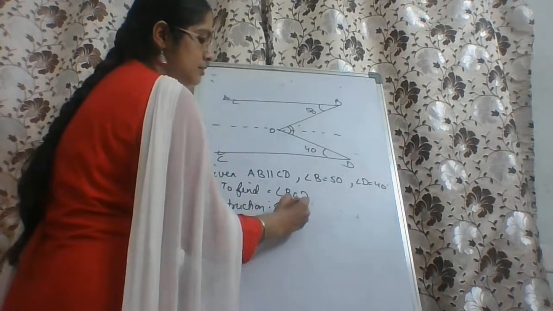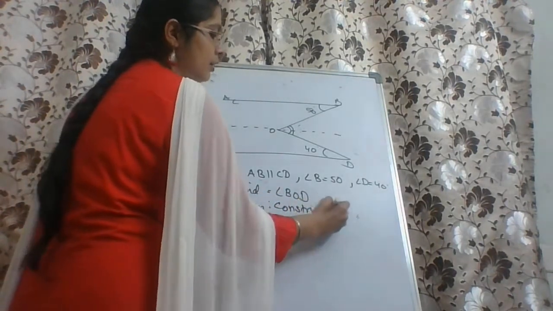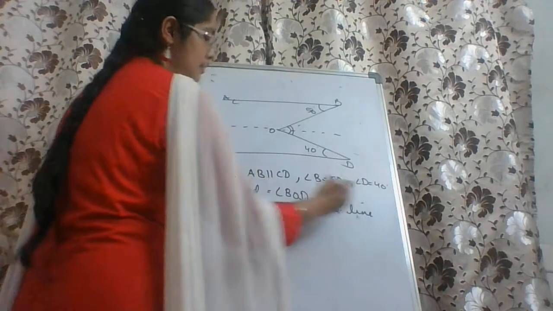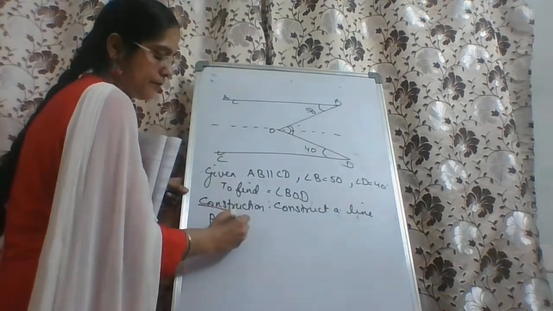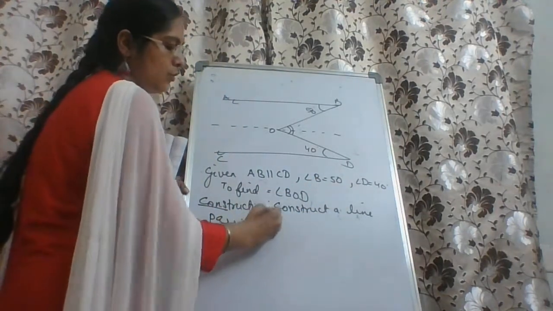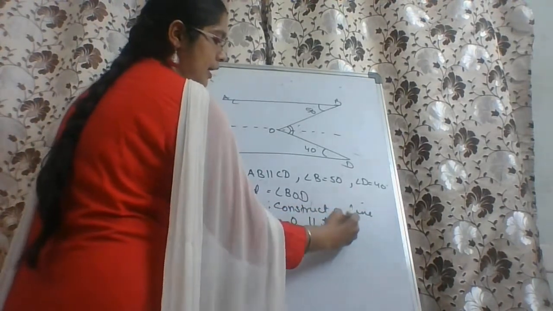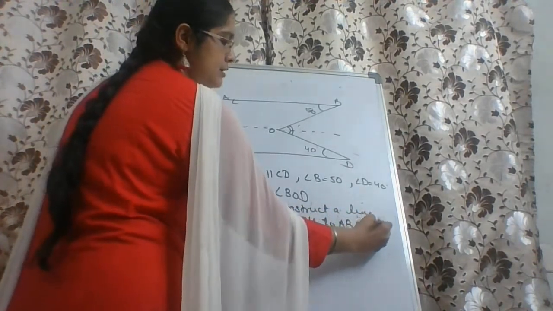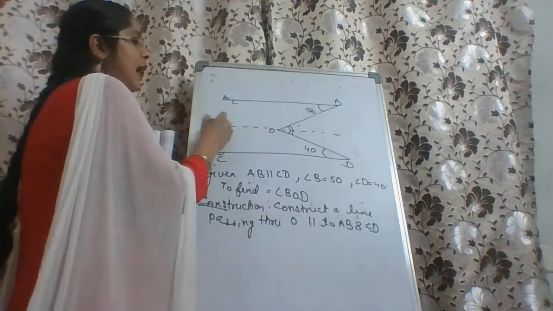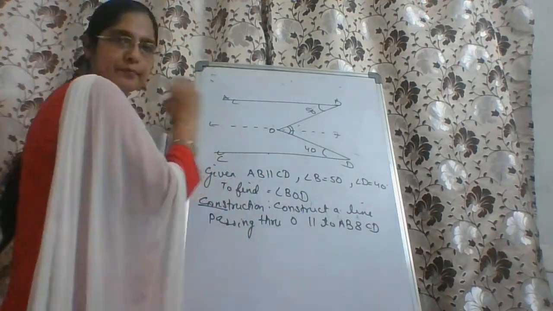Construction. Construct a line passing through O parallel to AB and CD. Now what we have? We have these three lines parallel.